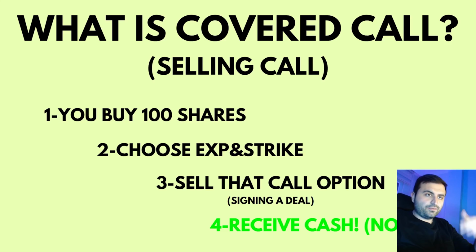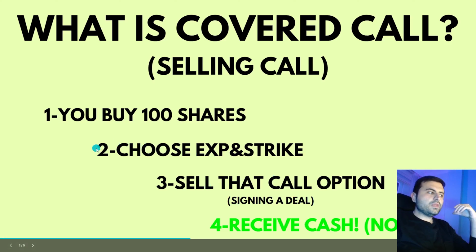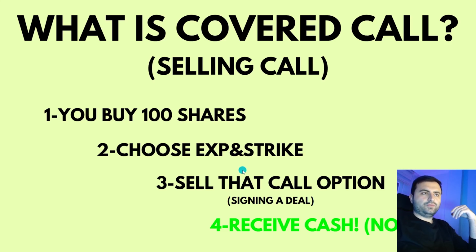The fourth point is you receive your cash. When you are done choosing the expiration and strike, which I will show you soon, and you are okay with that, you can think of this as signing a deal.